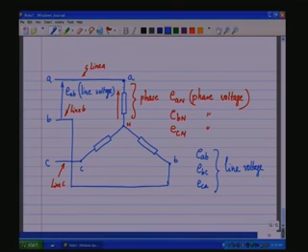The current going through the A to N phase, let us say, this is called the phase current, and the current flowing in the lines are called the line currents. So, you have the line currents and the phase currents.